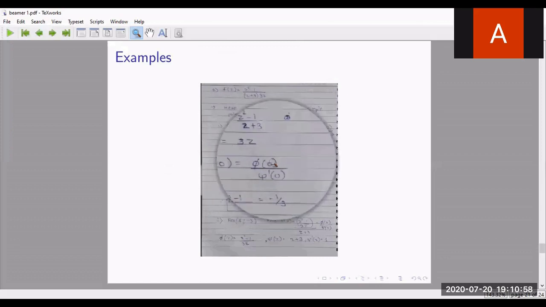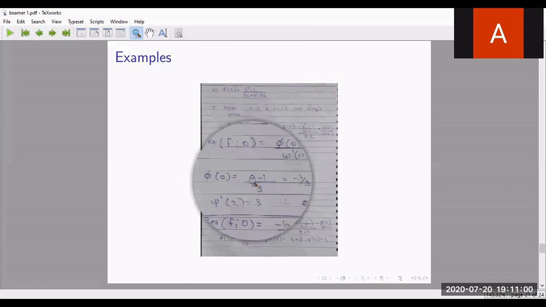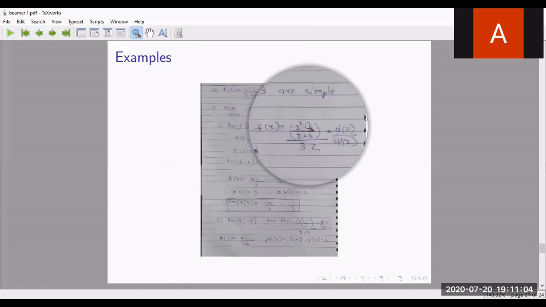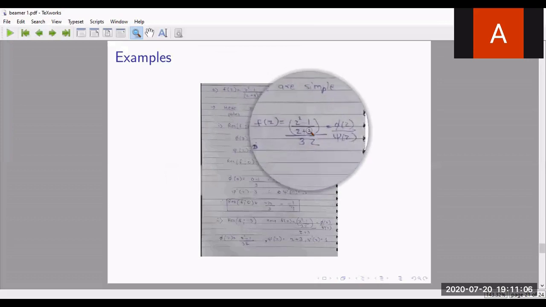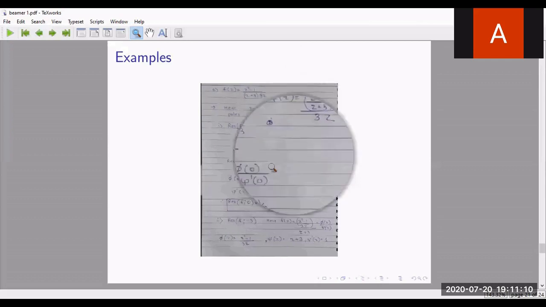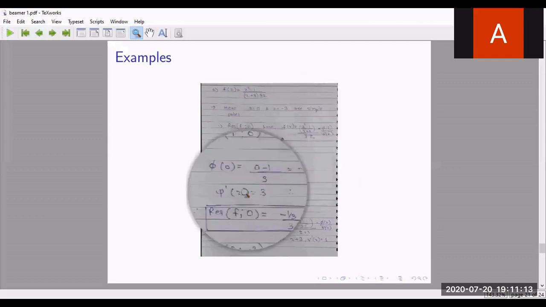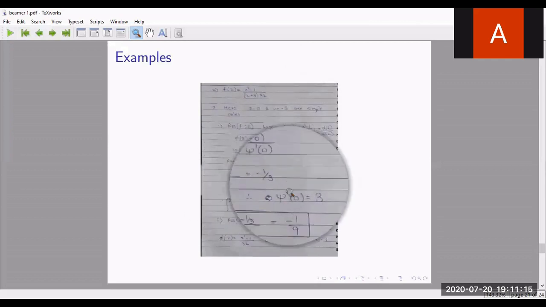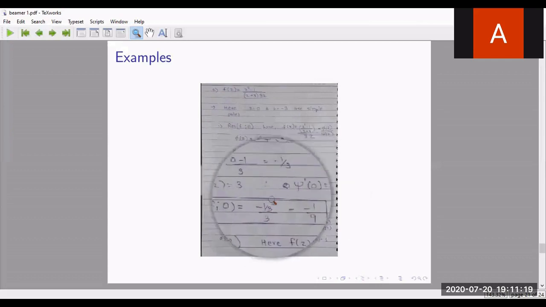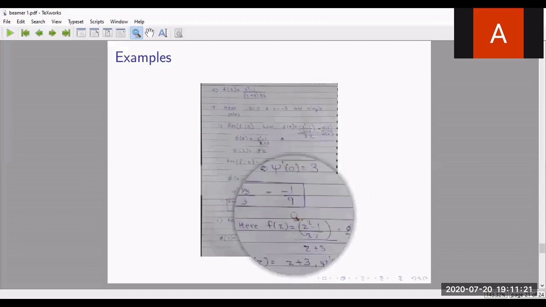Now, phi of 0 is minus 1 by 3: here if you put 0, minus 1, and 0 plus 3, so minus 1 by 3. And what is the derivative of psi? The derivative of 3z is 3. And psi dash of 0 is again 3 only, 3 is a constant. So the residue is minus 1 by 3 divided by 3, that is minus 1 by 9.